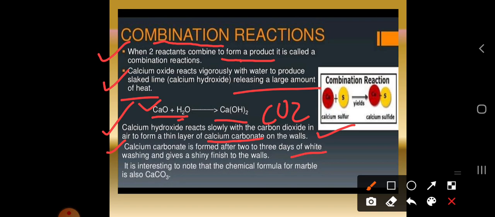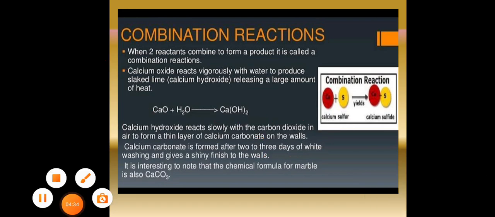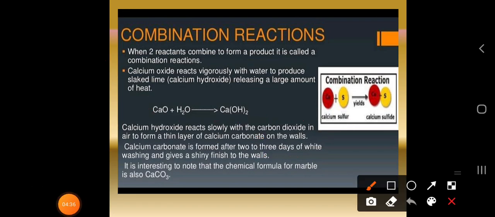It gives a shiny finish to the wall. Why is the color of the walls shiny in nature? Because these combinations continue. So calcium carbonate is formed after 2 to 3 days of whitewashing, and it gives a shiny finish to the wall.